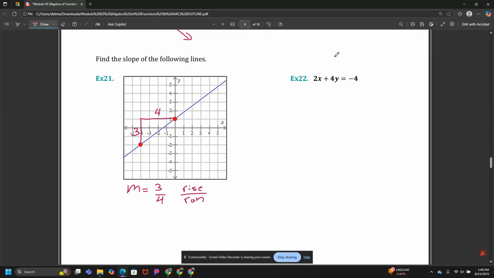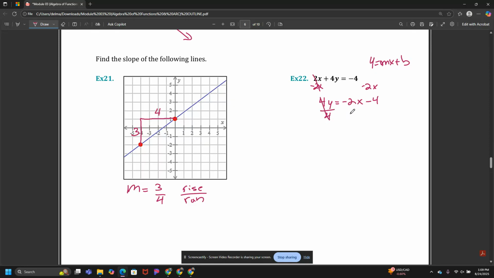Okay. This one, I need to solve this so that it is in slope-intercept form, or y equals mx plus b. I want y by itself. The first thing that's keeping me from y is 2x. So I'm going to subtract it. I'm going to have 4y is equal to -2x minus 4. We want the x part in front, so that's why I'm writing it in front. Okay. You can rearrange them because of our properties of equality.